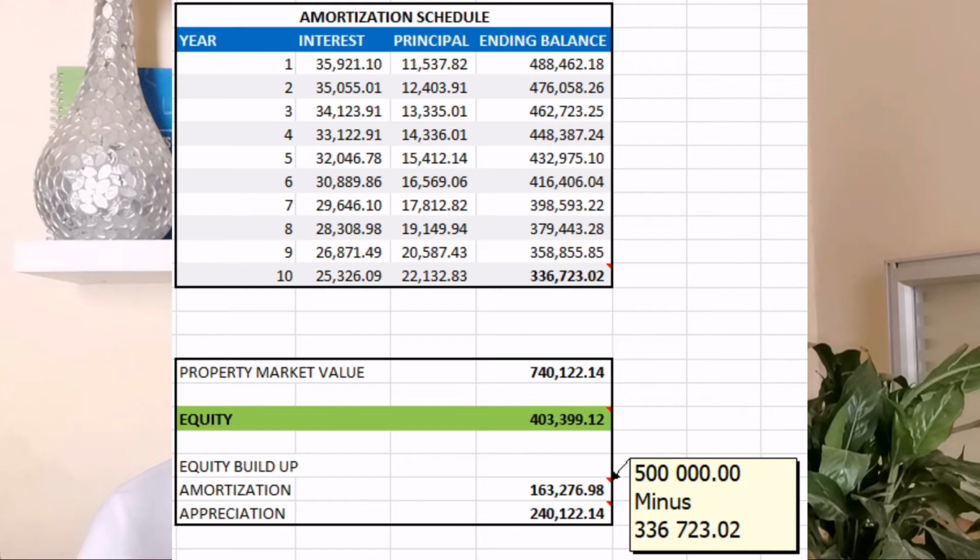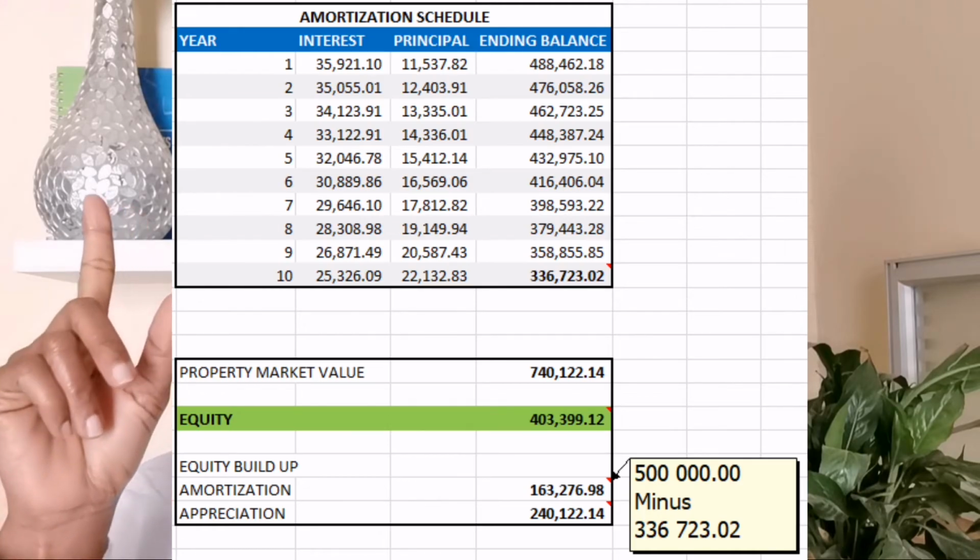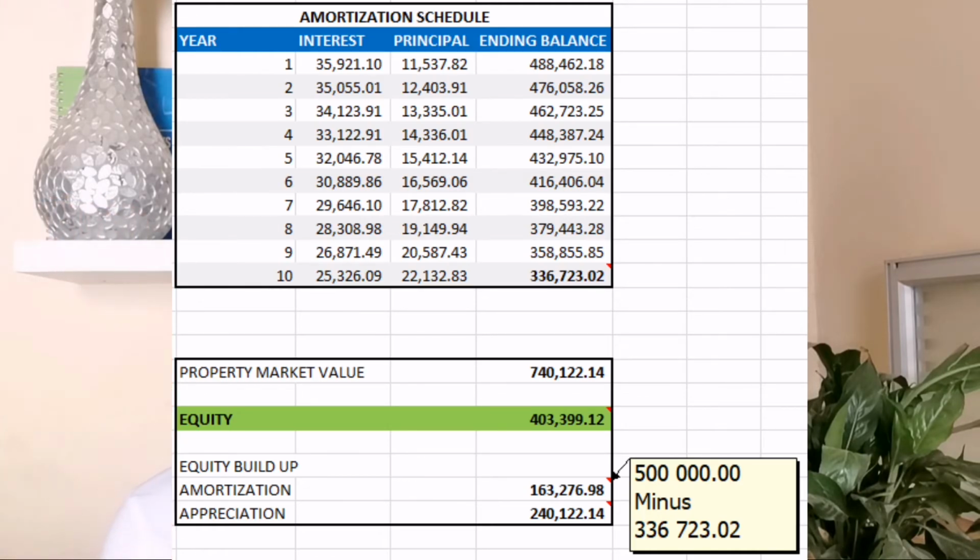amortization, which accounts for 163,276 pula 98 thebe, which is the difference between our original loan minus the current outstanding balance. That is what we get.